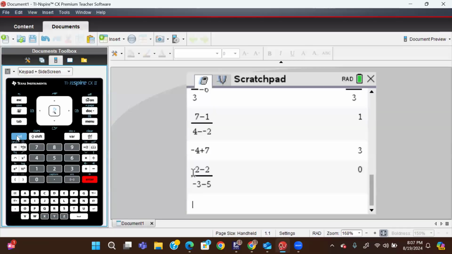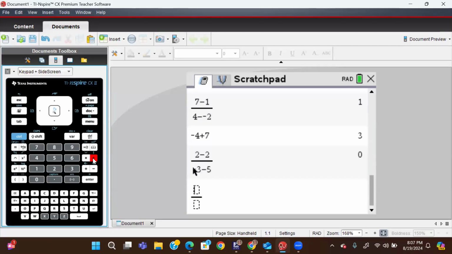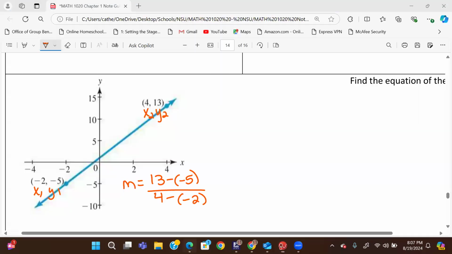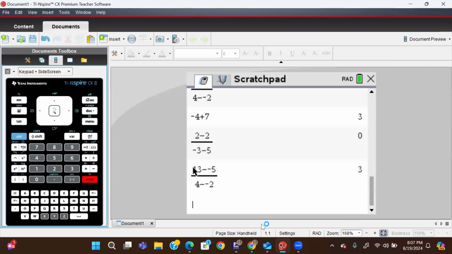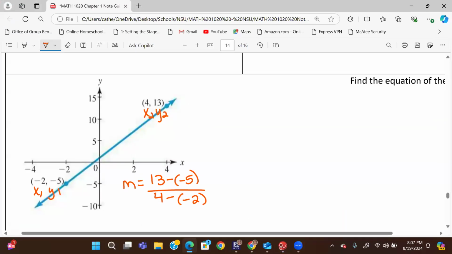Put this in the calculator. Let me double check. Hit enter, and I get a positive 3 for that slope. And then pick one point to use.